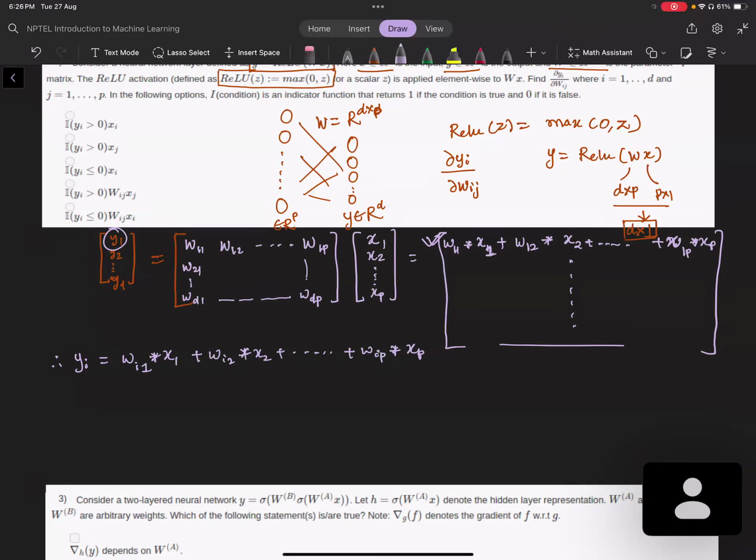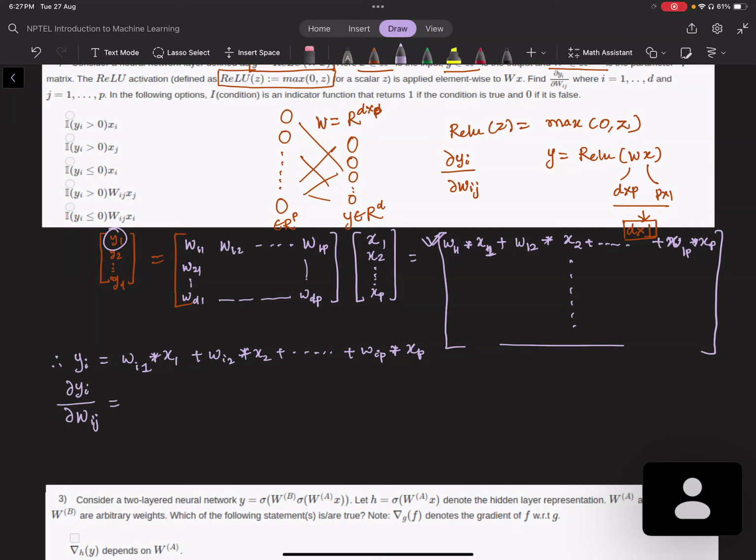So if we do the partial derivative of yi with respect to wij, only one term would be there and the rest vanish.